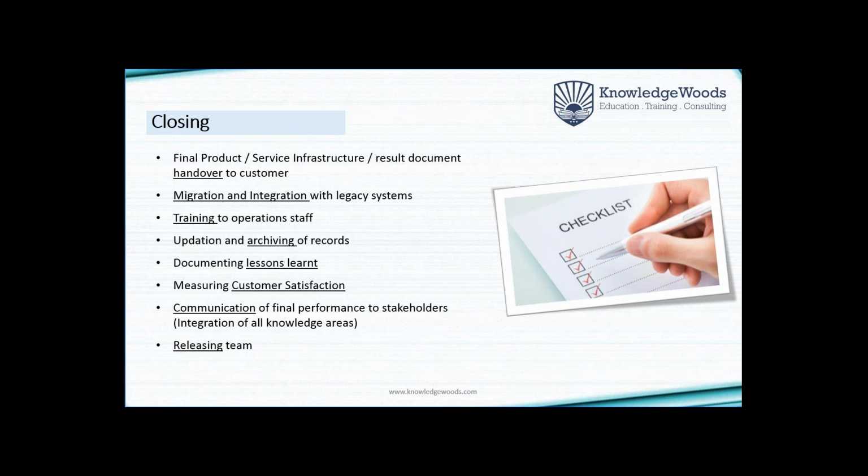And finally, the closing. Before the PDCA there was initiation, and after the PDCA there is finally the closing. And what is the meaning of closing? We all close projects. Closing of a project does not only mean getting the sign off from the customer and leaving.